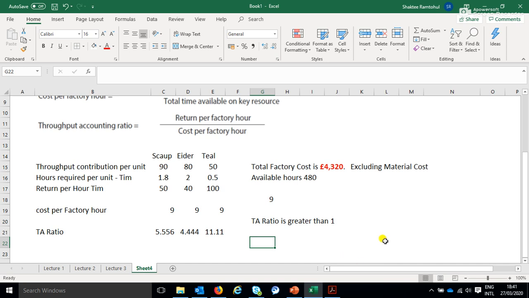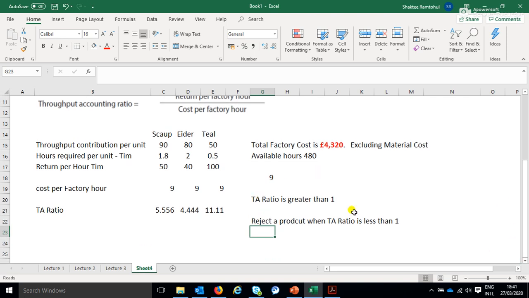And you would reject a product when the throughput accounting ratio is less than 1. So there you go, and that concludes the whole series on throughput accounting.